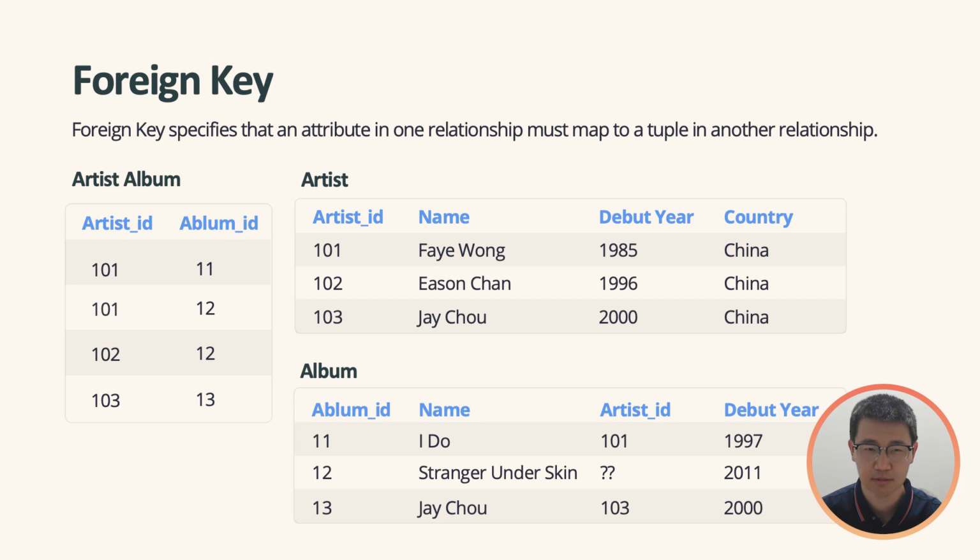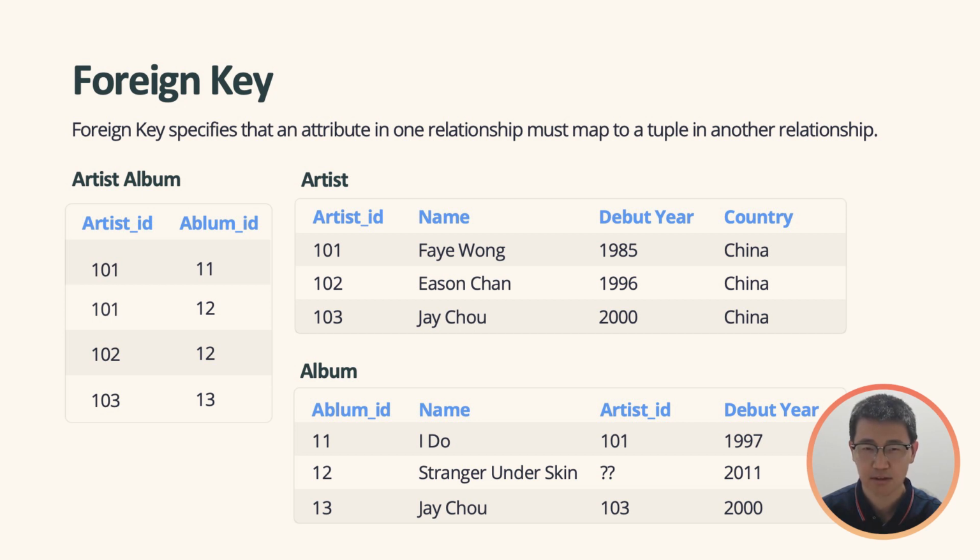One is the foreign key corresponding to the artist, and the other is album ID, mapping to the album as another foreign key. For example, album number 12 could list both 101 and 102, indicating both Feiye Wang and Yisen Chen contributed to it. This table allows the foreign key to correspond both to the artist and the album.